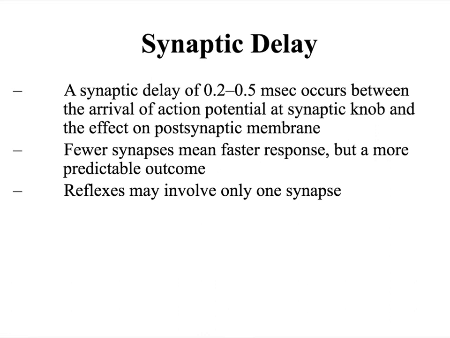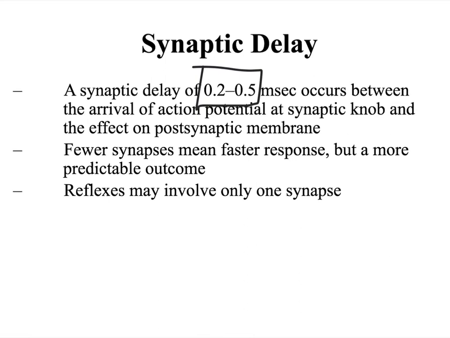It takes time for the release of the neurotransmitter. It takes time for the binding of that neurotransmitter to the receptors. So this is a much faster process than what we can possibly even imagine, but it is still a measurable period of time.